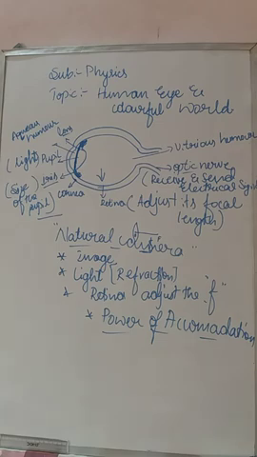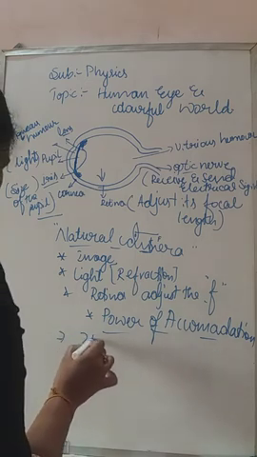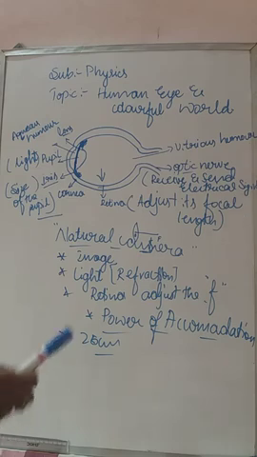Clearly, the normal eye can see the image very clearly up to 25 centimeters. Keep in mind, the normal eye can see the image clearly up to 25 centimeters. Below that it is impossible, and beyond that also it is impossible. So the minimum distance at which the human eye adjusts the focal length is 25 centimeters.